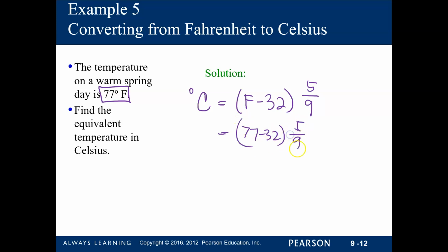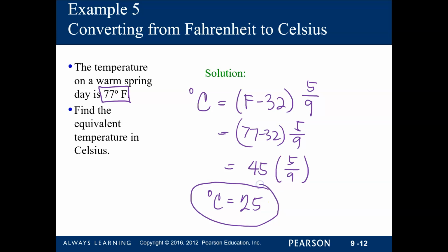That difference we multiply with 5/9. 77 minus 32 is going to give us 45. And multiplying it with 5/9, we will get the measurement in Celsius to be 25 degrees. So that is a really nice temperature. And so you will have an idea that there's a really big difference between Fahrenheit and Celsius.